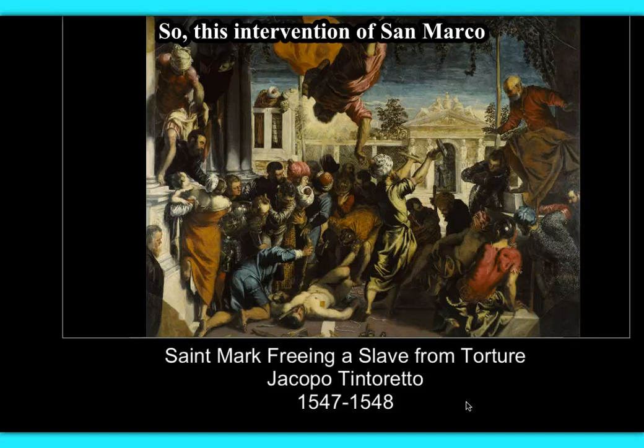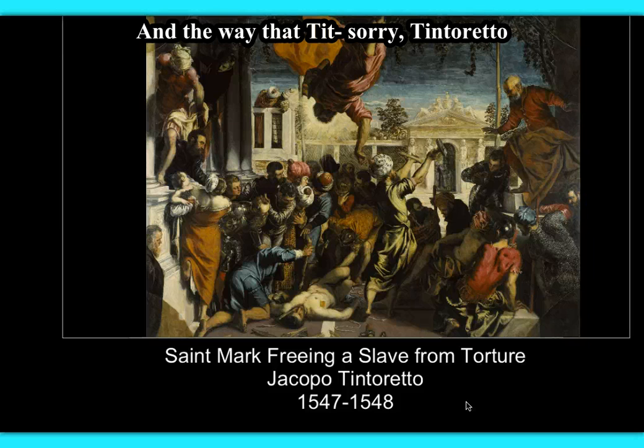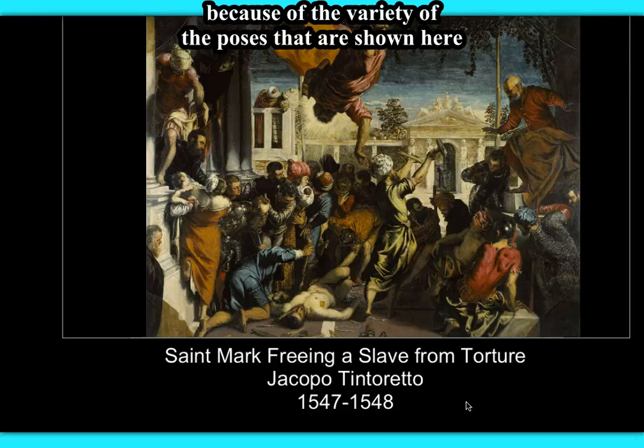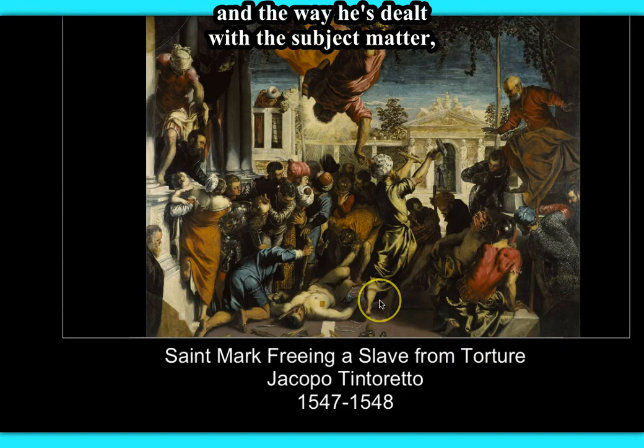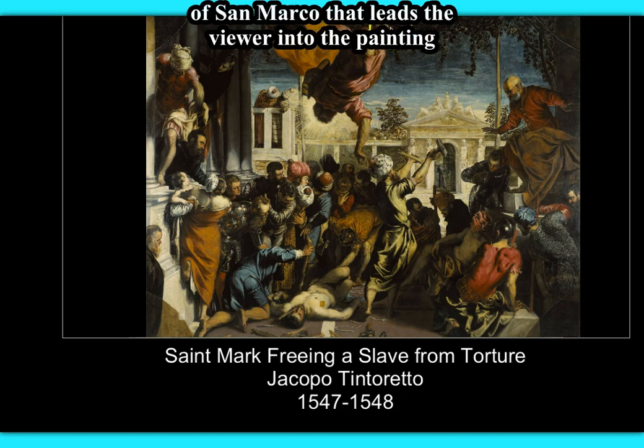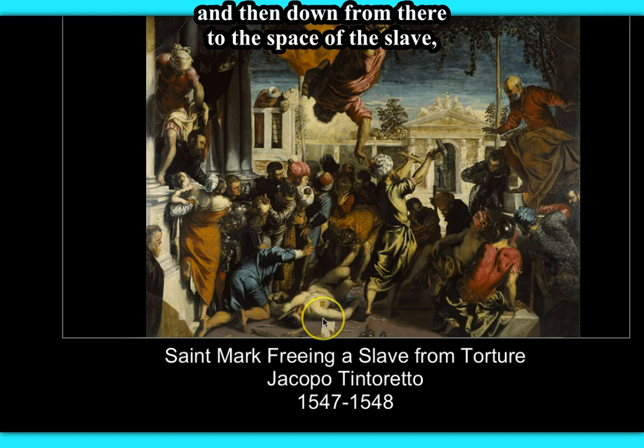So this intervention of San Marco is, of course, an important scene here. And the way that Tintoretto has depicted it for us, we're really drawn into the scene because of the variety of the poses that are shown here and the way he's dealt with the subject matter, having this incredibly foreshortened figure of San Marco that leads the viewer into the painting and then down from there to the space of the slave.